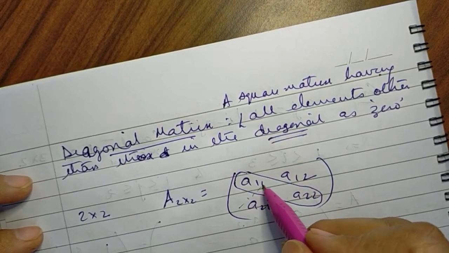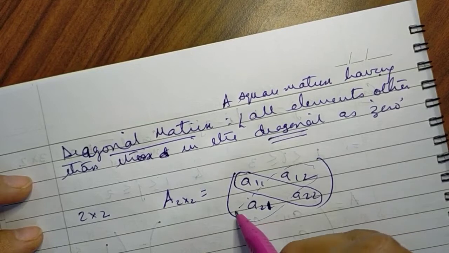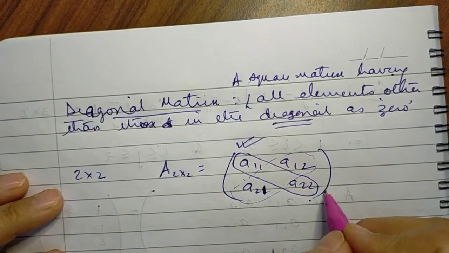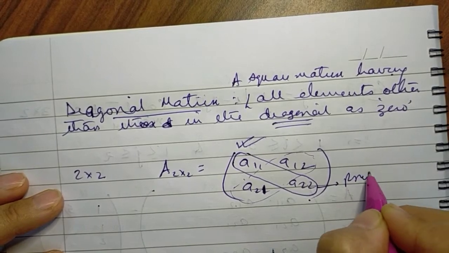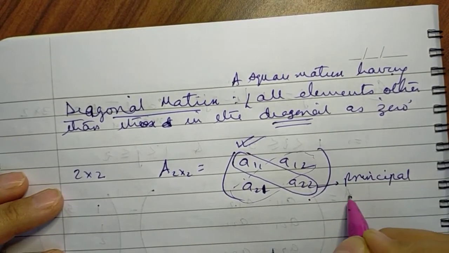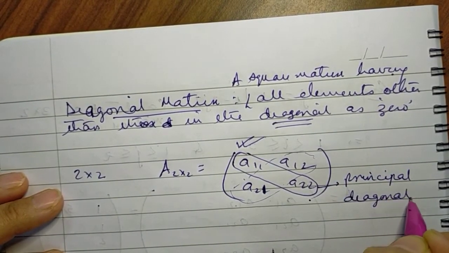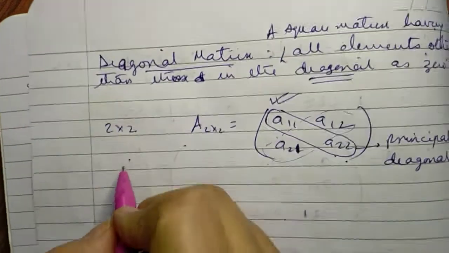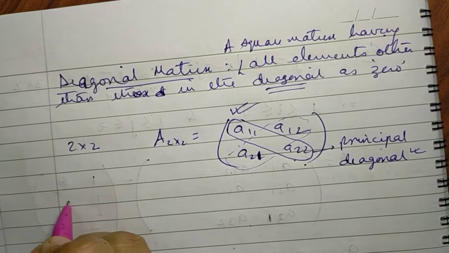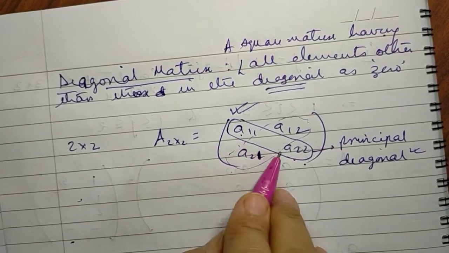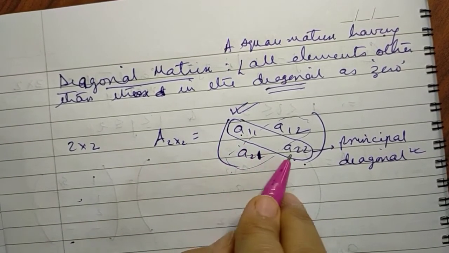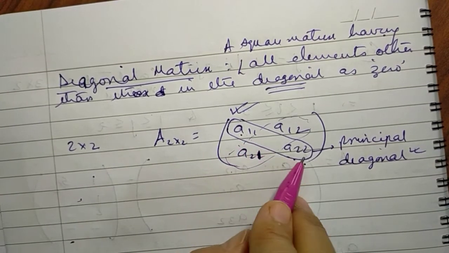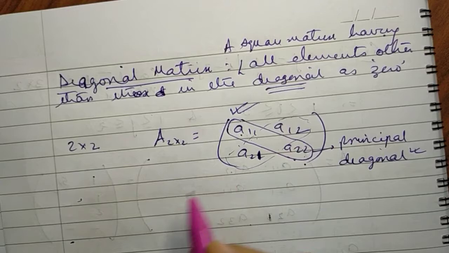Of course, the other one is also a diagonal, but we consider this as the diagonal, the principal diagonal. What is special about the principal diagonal is that the subscripts are repeated, like a11, a22.